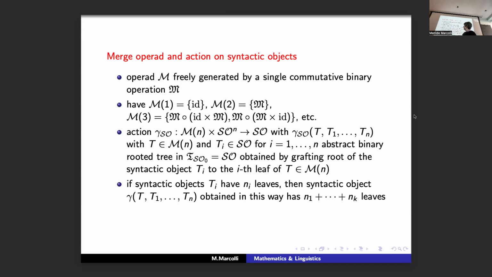So if I have one of these operations and I pick n syntactic objects, I plug them in and get a single syntactic object where the leaves are the union of the leaves of these ones. The structure is determined by which operation I've chosen and which syntactic objects I've chosen. So you can think of the way of assembling syntactic objects into larger ones as being based on this operad action.